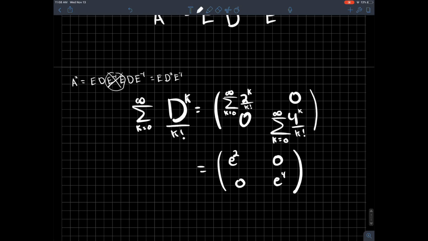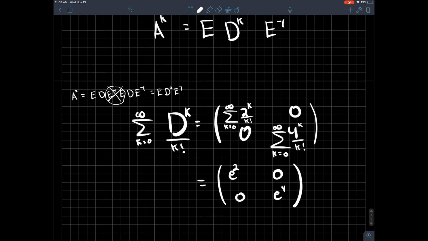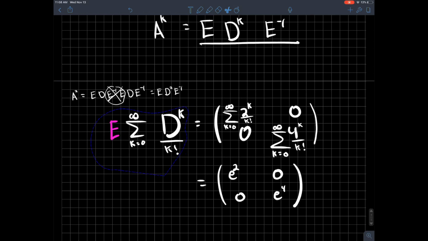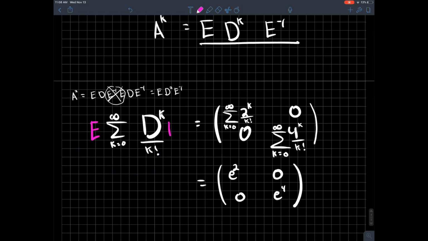Now going up here, remember we're plugging in A, but A is just this. What we're missing here is E, and let me make some more room here. We're going to need an E here and an E inverse here.